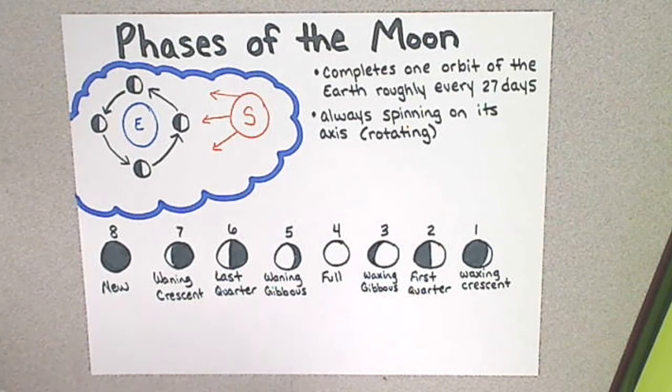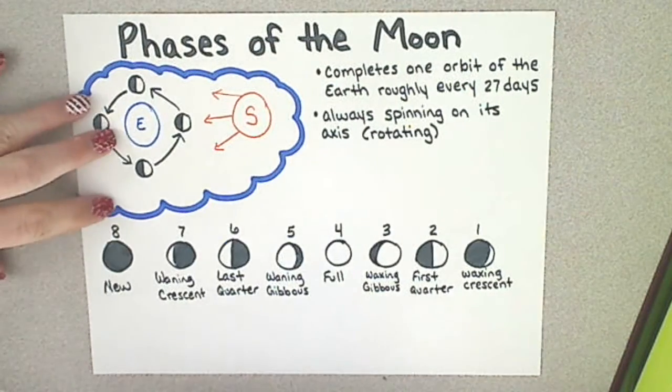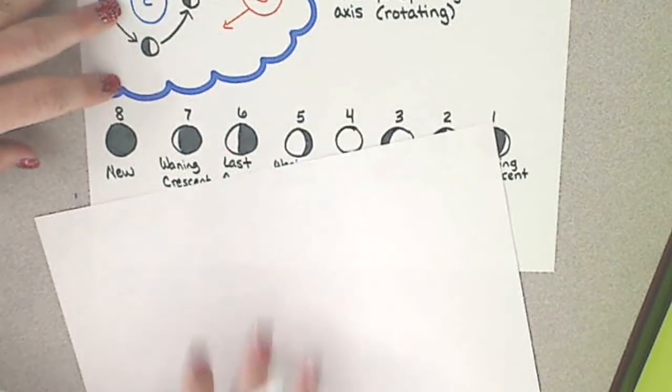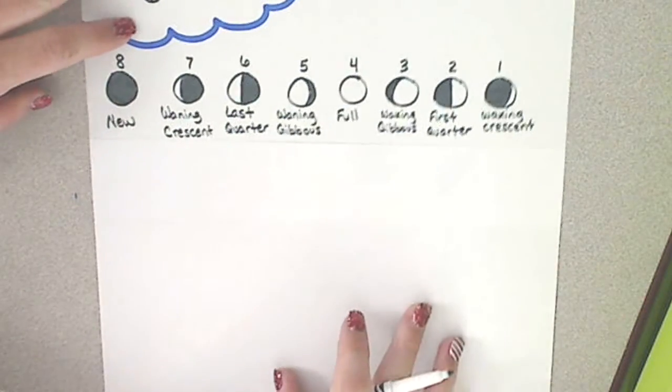So now let's take a look at what this means as far as what we see when we are looking at the moon in the night sky and where it correlates to where the moon is in relation to the sun. So I'm going to kind of slide this up here.